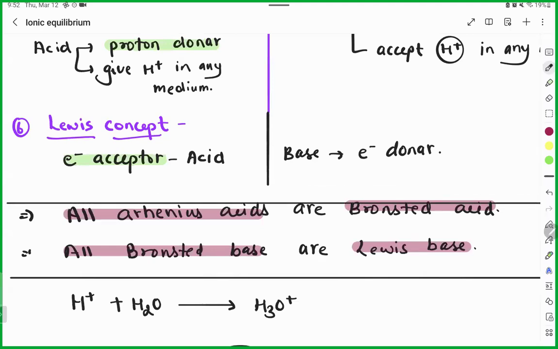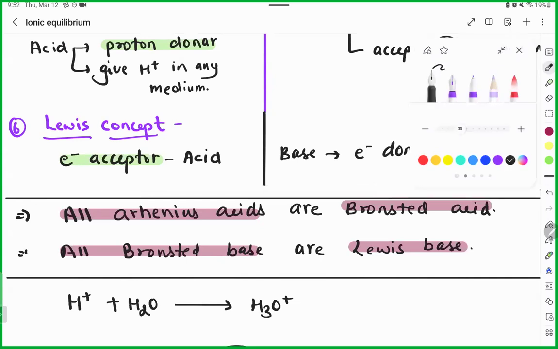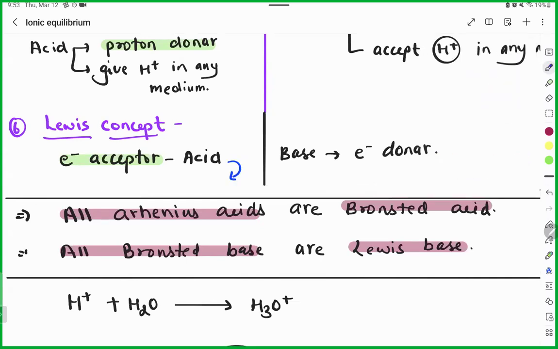If it accepts electron, it means it should have vacant orbital to accept electron, correct? So that's why in case of acid, you will have vacant orbital. And in this case, it will be incomplete octet.